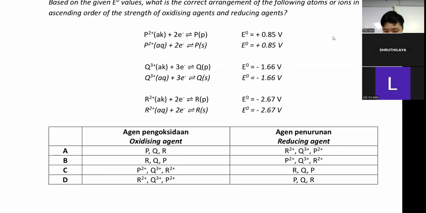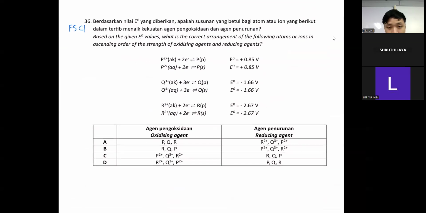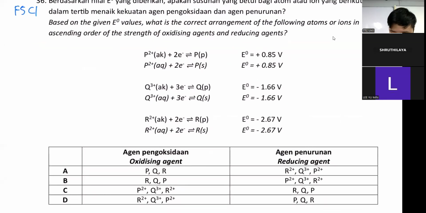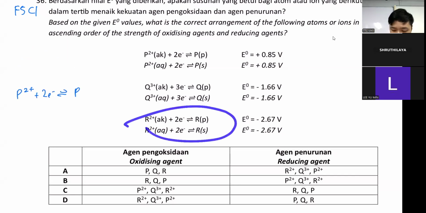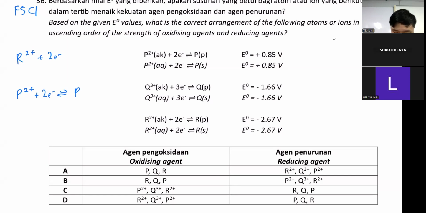Okay, so you arrange again. Very simple one. Arrange P2 plus, you will get P. Okay, not P first. Most negative one is R. So I arrange R first actually. R2 plus 2E minus become R, negative 2.67 volt.